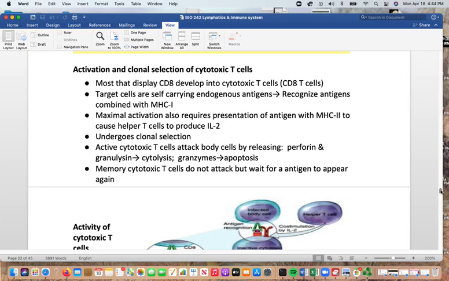Then they undergo clonal selection, and these will attack body cells by releasing perforin and granulysin to cause cytolysis. Granzymes will trigger apoptosis, so it's sometimes referred to as the perforin granzyme pathway. Your memory cytotoxic T cells don't attack, but again, they're waiting for the antigen to reappear again.